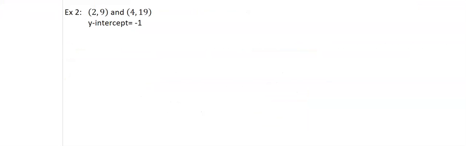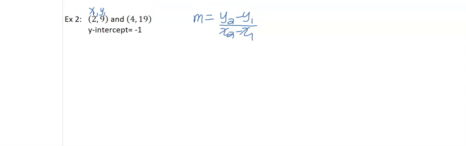For our second example, we have the 2 points 2, 9 and 4, 19. Again, I am going to write the slope formula so that we have it written in front of us. And I'm going to name which coordinates is my first one and which ones are my second one.